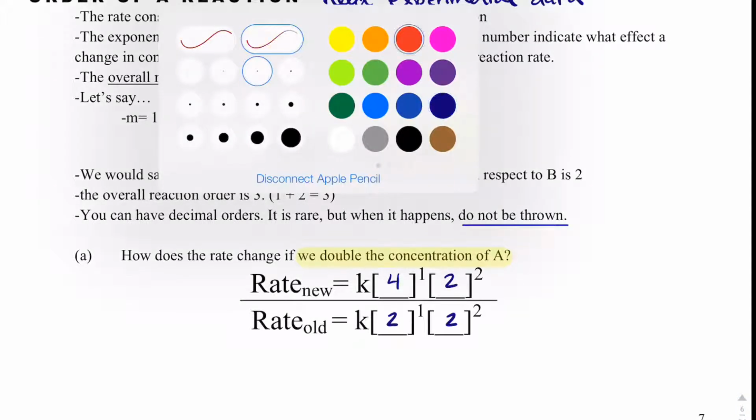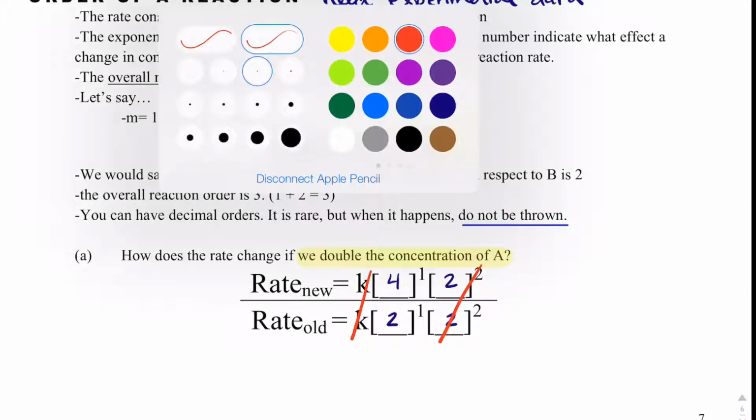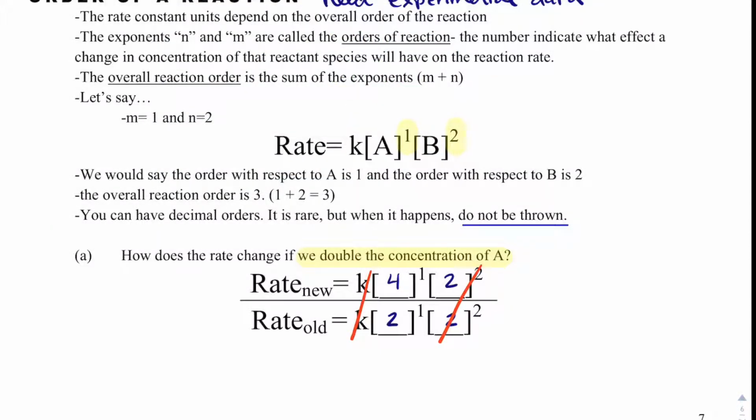So if I divide these two, k divided by k will drop out because k divided by k is 1. The only thing that changes the rate constant is temperature, and I have no indication to think that we've changed the temperature. And 2 squared divided by 2 squared are the same, and so those will cancel. And so what I'm left with is 4 divided by 2, and so that is 2, and then they're to the first power.